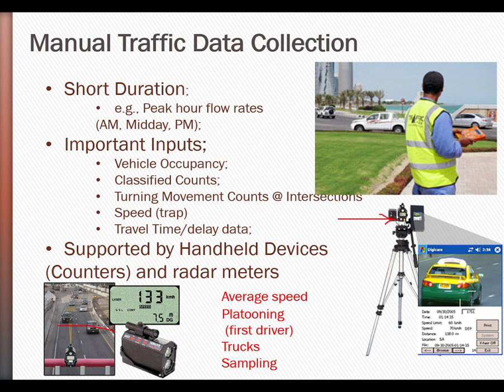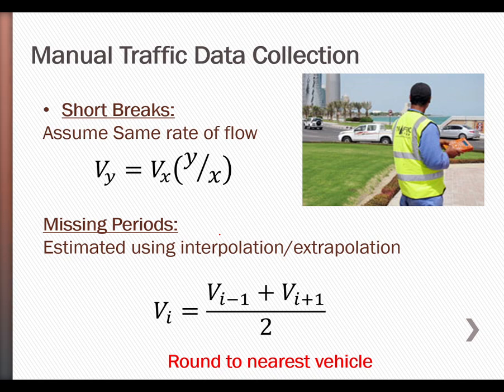So we have speed counts here. Also, and this has to have a human, you go there and figure out the travel time and the delay data by going in a car by yourself and doing that. So we have here handheld devices, counters, radar, meters, and things. Radar is similar to what the cops have, and we do a lot of things out of these manual counts.